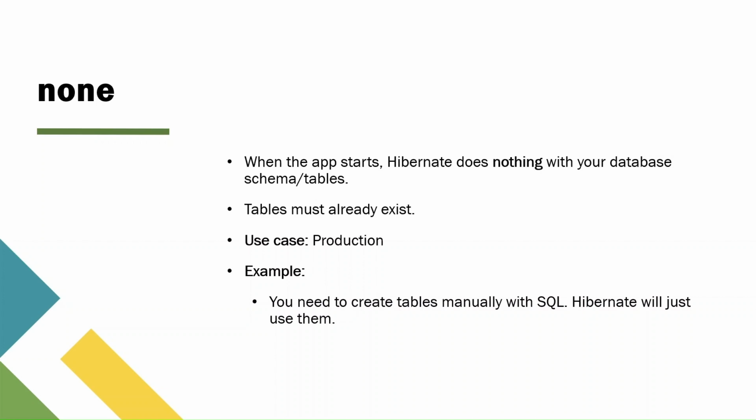It was just sitting there, because we have told Hibernate don't do anything. And then the second point is tables must already exist. Yes, that is true, because even though we were able to start our application, when we tried to fetch or save records in the database, we were getting the exception that the table is not available.